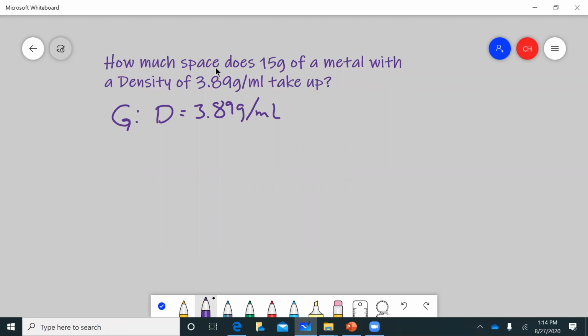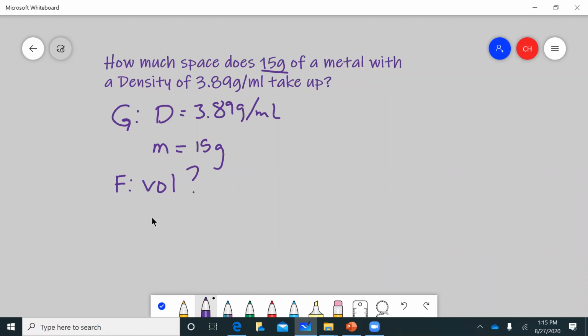How much space, that's talking about volume, does 15 grams? The unit of gram is talking about mass. So you're just going to have to start getting comfortable with gram meaning mass, liter meaning volume, things like that. So I know the mass is equal to 15 grams. We're trying to find the volume.